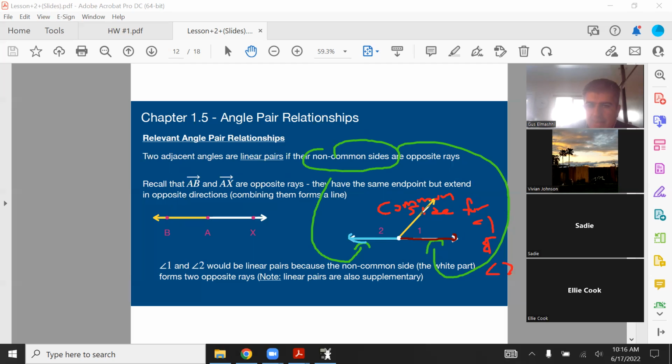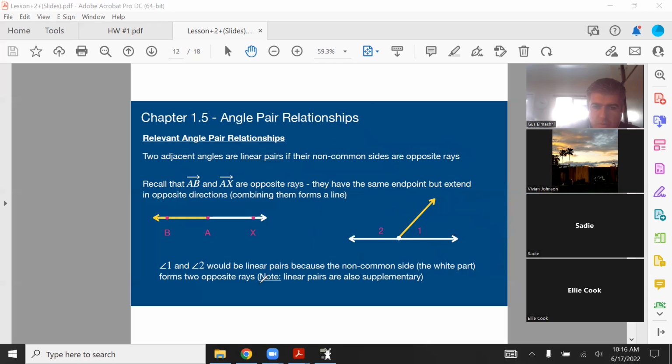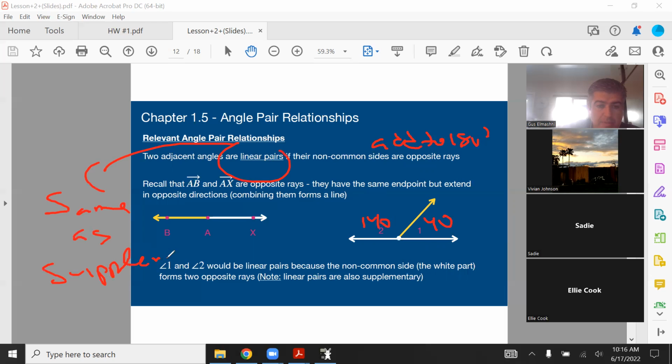Obviously that is a common side, but the non-common sides are opposite rays. So the white parts, as you see right there, form two opposite rays. So we call that a linear pair because the two angles form a line. So for example, if this were 140 degrees, this would be 40 degrees. So they add to 180. It's also the same as supplementary angles, as we just said a few minutes ago.